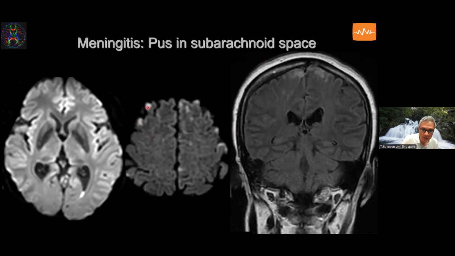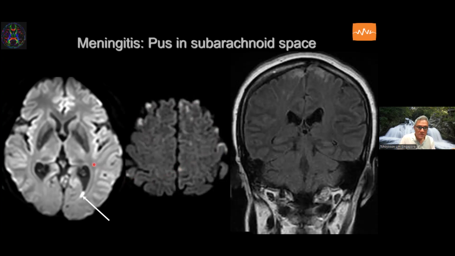As you can see here, these tiny pockets of high signal intensity in the subarachnoid spaces outlining the gyriform septal sulcal areas of pus are very well demonstrated on DWI.